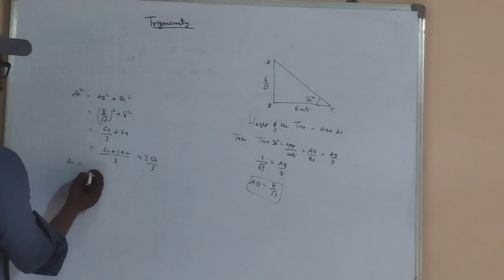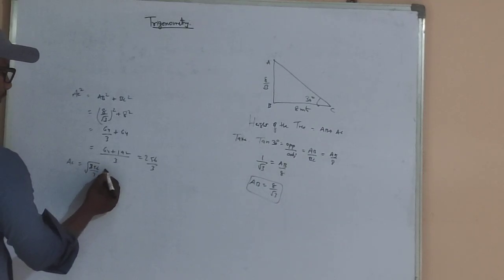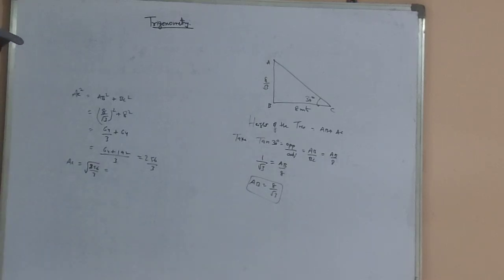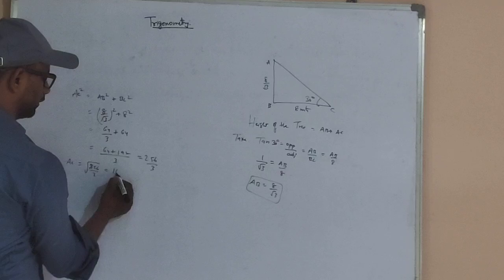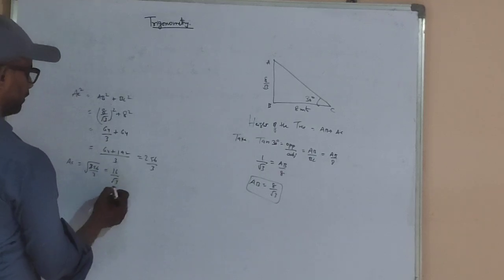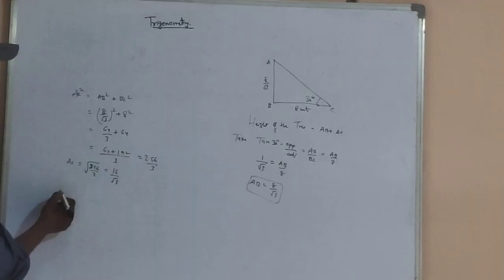So AC is equal to square root of 256 by 3. So how much we will get here AC? Square root of 256 is 16 by root 3. This is what AC. So overall means what, height of the tree.